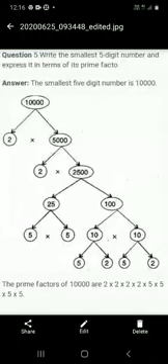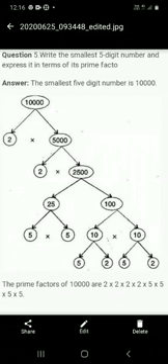Now you have question number 5, that is 10,000. First of all, you factorize it as 2 into 5,000. Now 5,000 will be divided further, 2 will be as it is, 2 into 2,500. Now you further factorize 2,500 into 25 into 100.